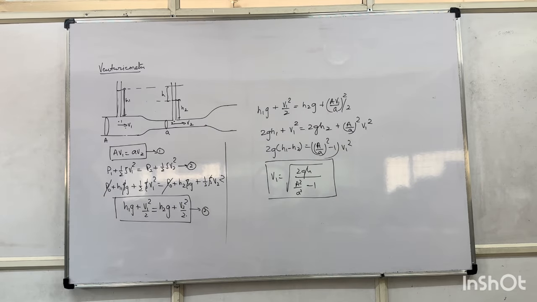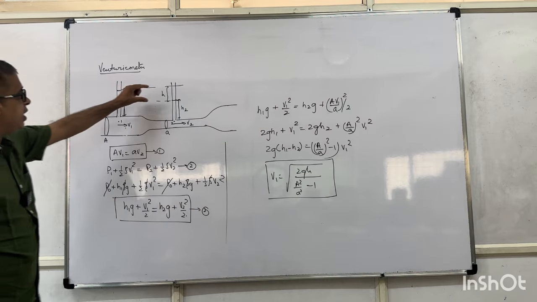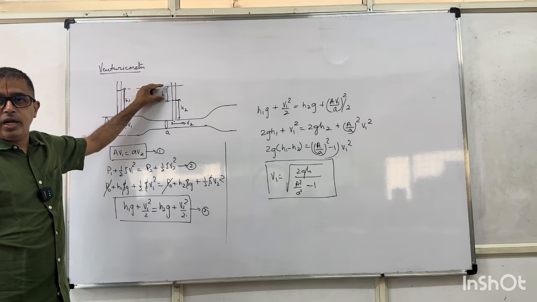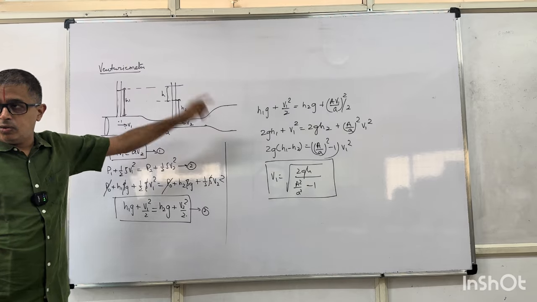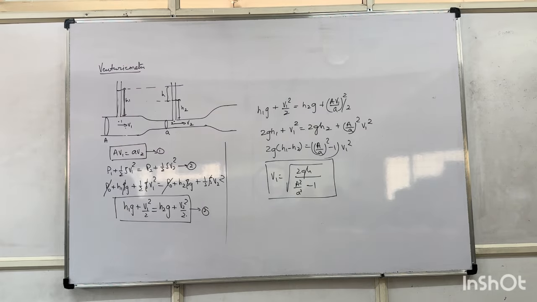Is my simplification correct? H is the height difference between the two liquid columns in the Venturi meter, H1 minus H2.